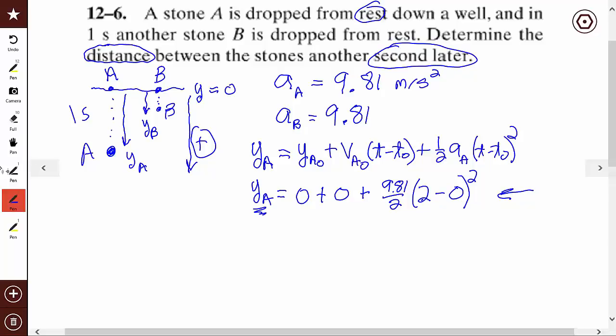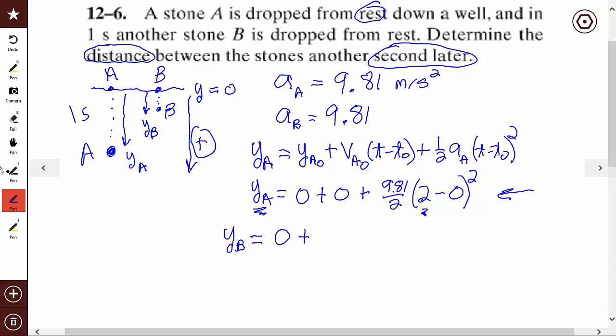Now I'm going to write a similar equation for B, and I'll just go ahead and plug in numbers that I know. So the position of B at 2 seconds, because by putting in a 2 here, I'm getting the position of A at 2 seconds, and I want to know where B is at 2 seconds. That's equal to the initial value, and the body B starts at the top of the well, which I've defined to be 0.